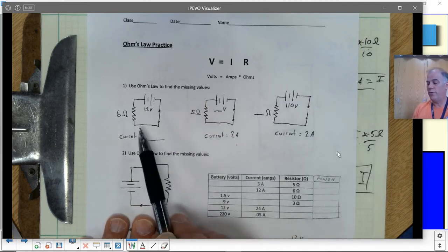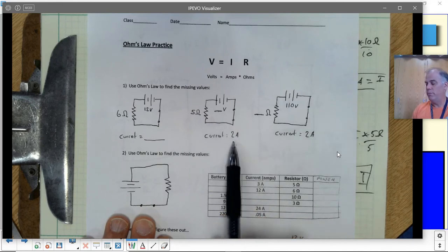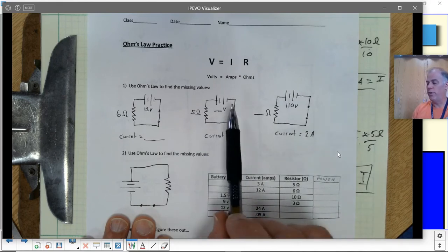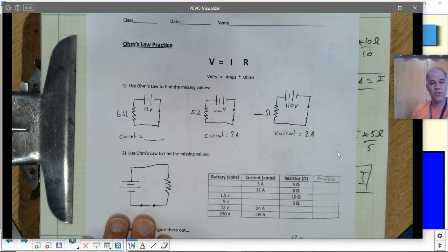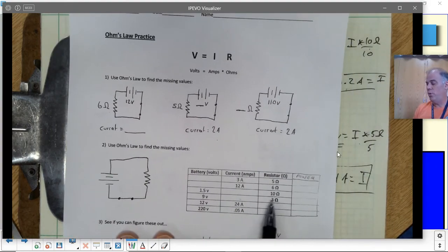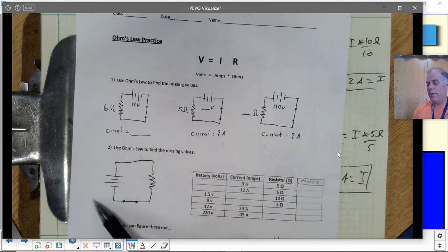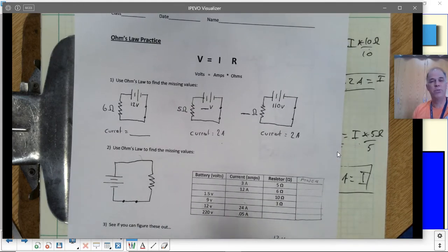So it's the same sort of thing I was showing you before. 6 ohms with a 12-volt battery, 5 ohms with 2 amps of current flowing through. You've got to figure out the voltage of the battery and so on. That's what you're doing. Now this table here lets you try a lot of these. You get a lot of practice. And this diagram is just there in case it helps you visualize what's happening in the circuit.